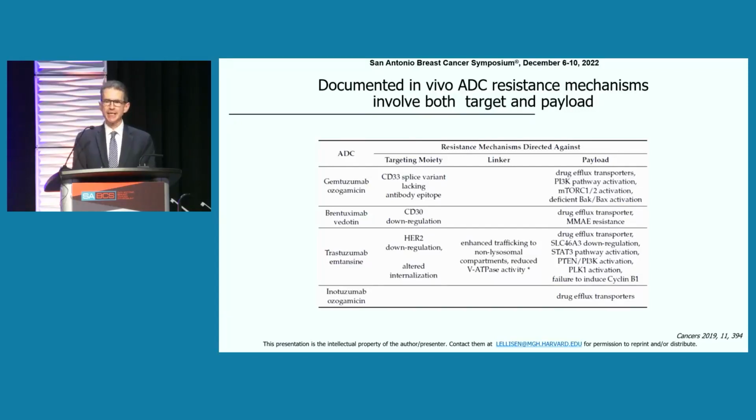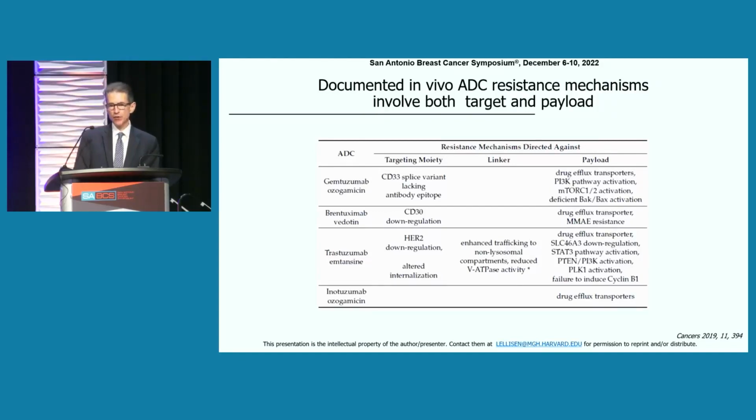Similar to many ADCs as we're hearing, drug efflux transporters, their upregulation is important in mediating particularly acquired resistance, and then upregulation of various survival and metabolic pathways, important as it is in many chemotherapy resistance contexts.